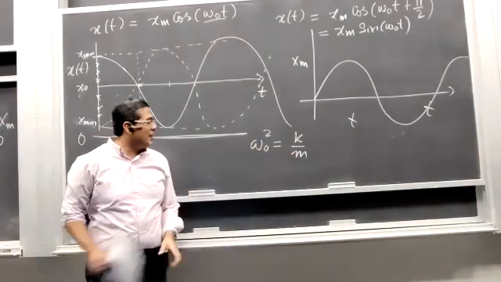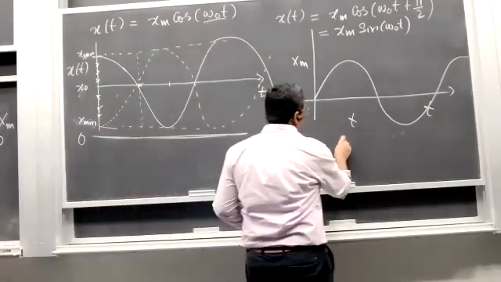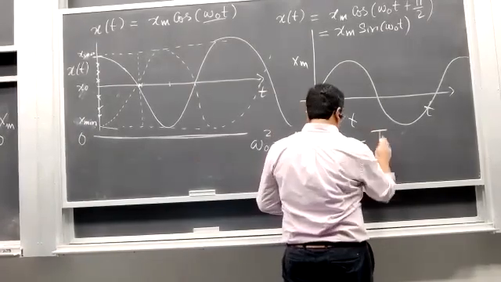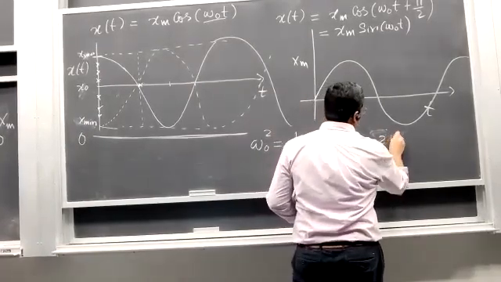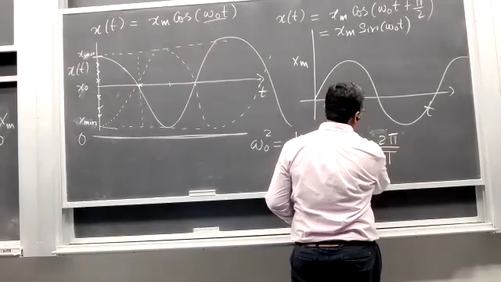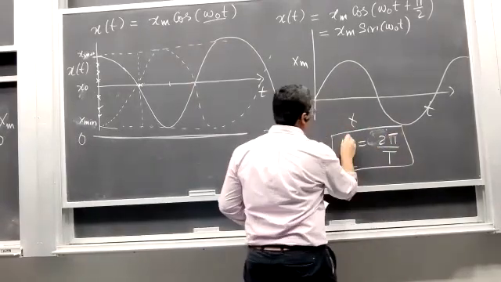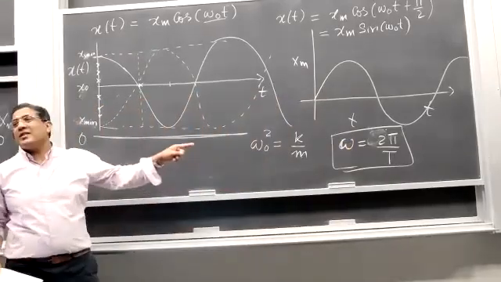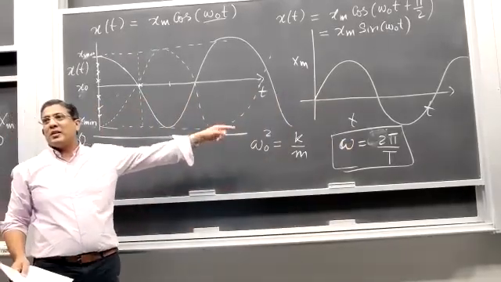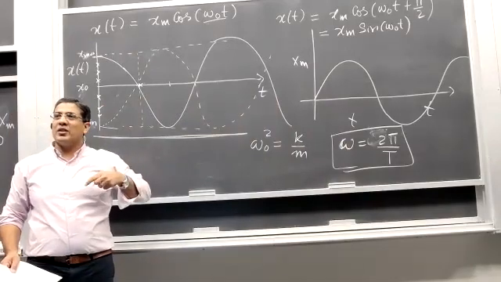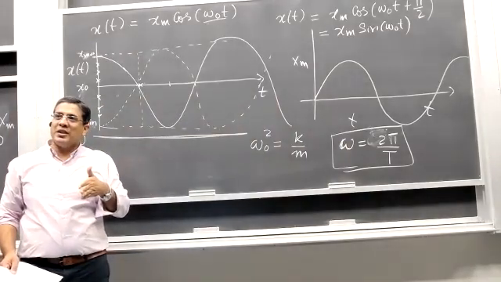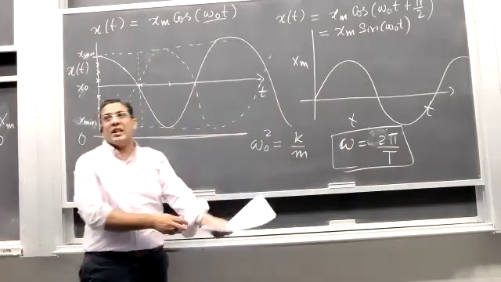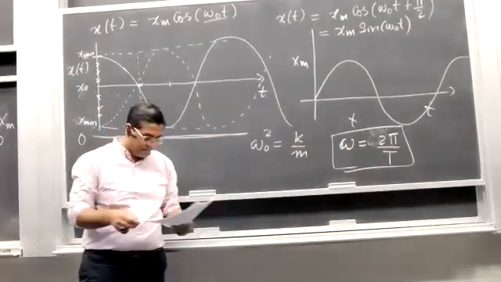Also, frequency is related to the period: omega is 2 pi over T. And T is the time the oscillator takes to complete one cycle, goes from a given position, makes the whole trip, and comes back. That is how frequency and time period are related.